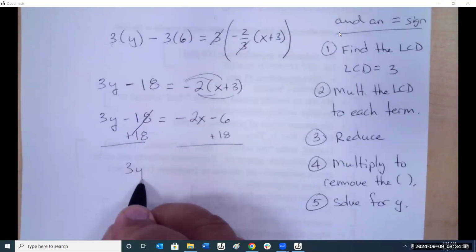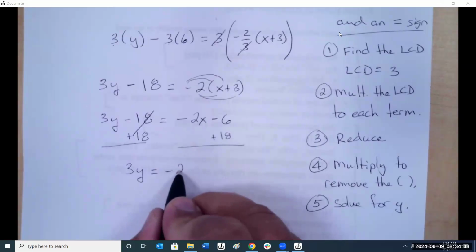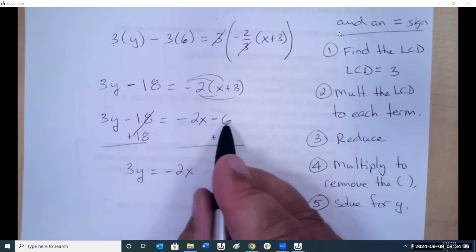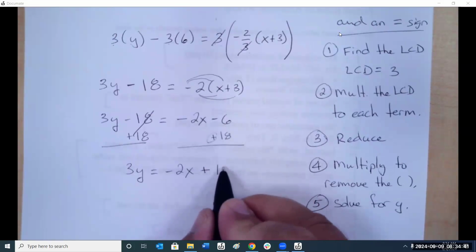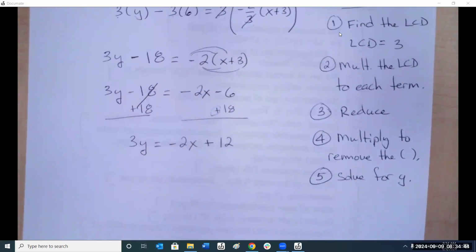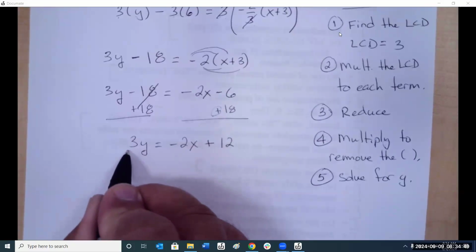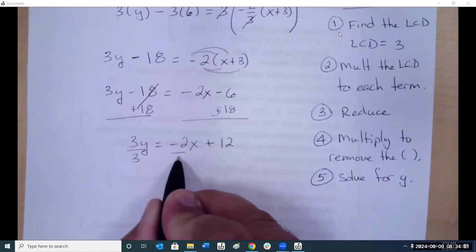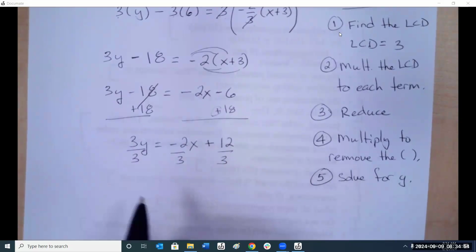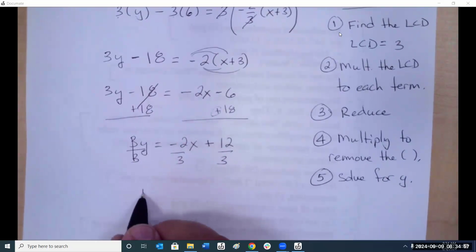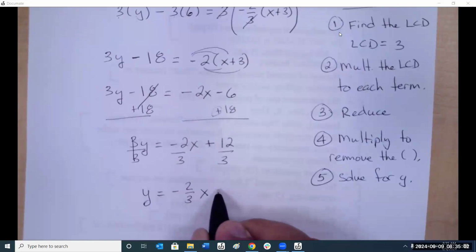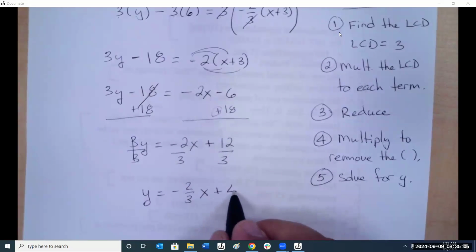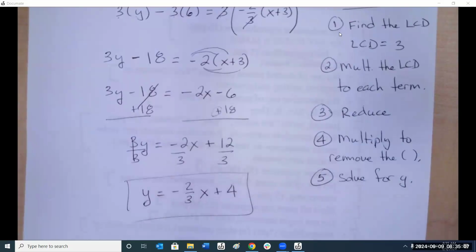So we have 3y equals negative 2x. 18 is bigger than 6, so the number's positive. 18 minus 6 is 12. And the last step, since it's multiplication, we divide each term by 3. 12 divided by 3 is 4. And there's your answer.